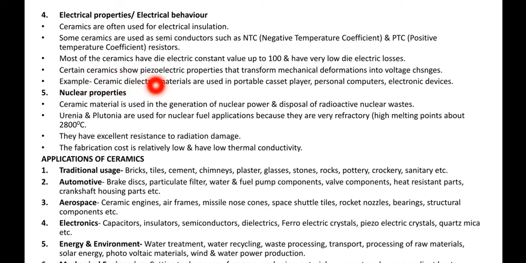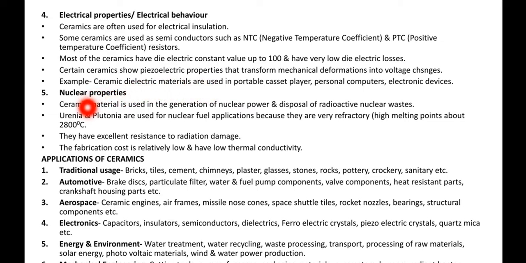Certain ceramics show piezoelectric properties. What is the piezoelectric property? When we apply a force, which is a mechanical quantity, that is the input, and accordingly we get the output in terms of an electrical signal, maybe voltage or current. That is the piezoelectric property.